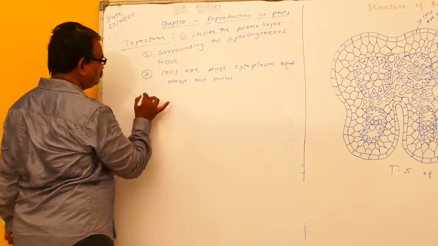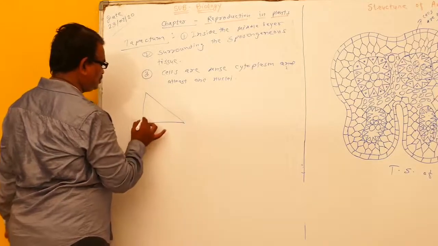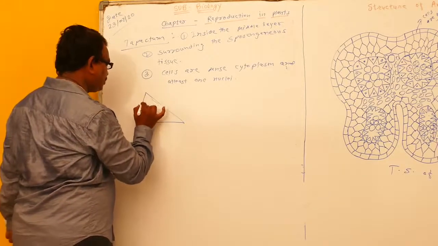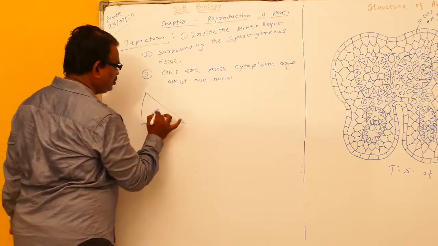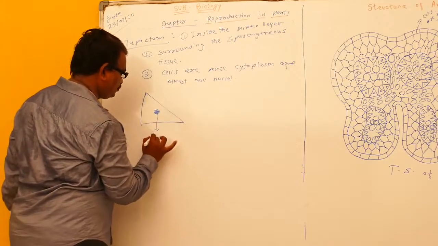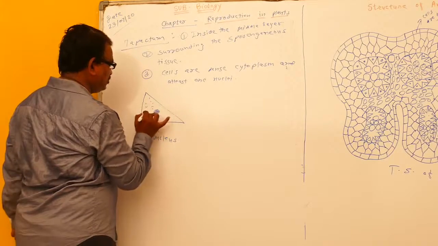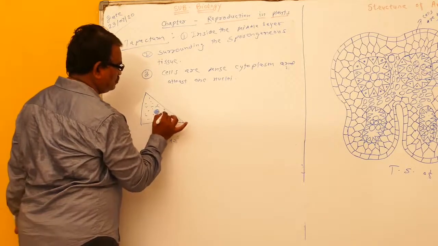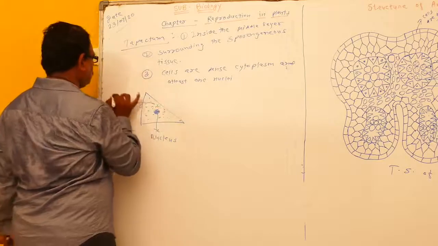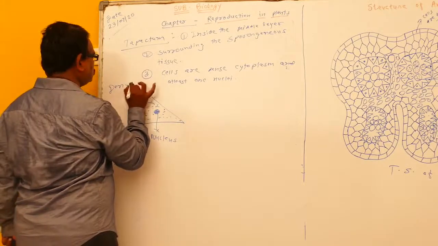If we see the diagram of the tapetum, this is the nucleus and this is the dense cytoplasm.